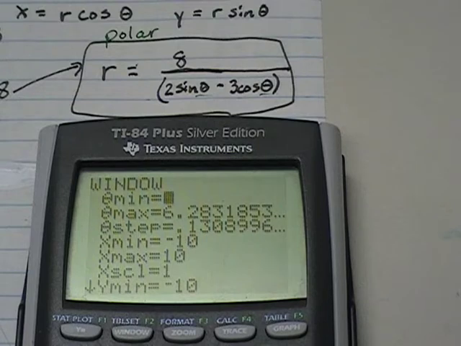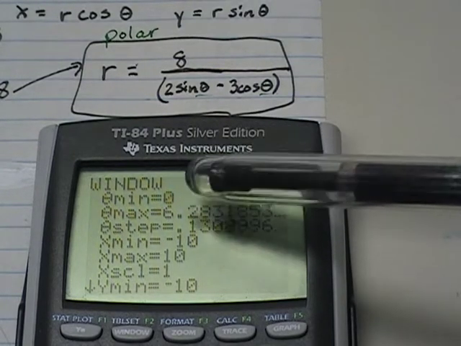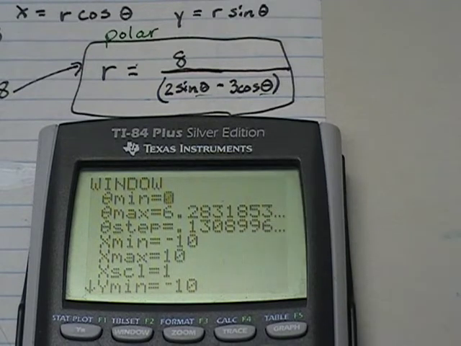Well, remember, we're talking about r, a distance from the origin, and theta, a rotation. Typically the smartest thing to do, and I keep my calculator in radians pretty much all the time, is to make a complete rotation. A complete rotation will be from 0 to 2 pi, so 0 to 6.28.